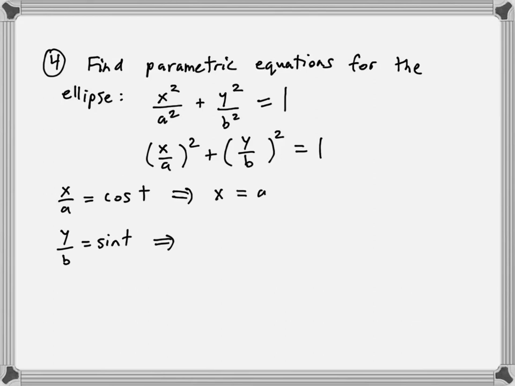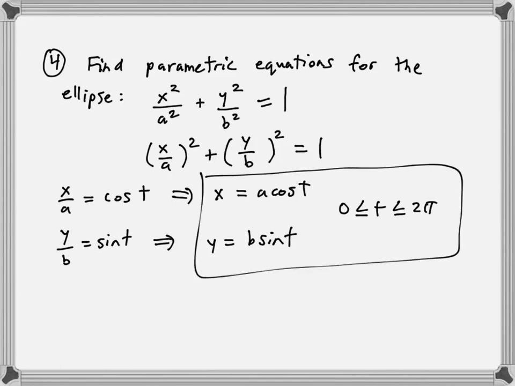Well, this means that x is equal to a cos t, and y is equal to b sine t. T goes from 0 to 2 pi. This is our parametrization of an ellipse. Again, this is counterclockwise, 1 revolution.